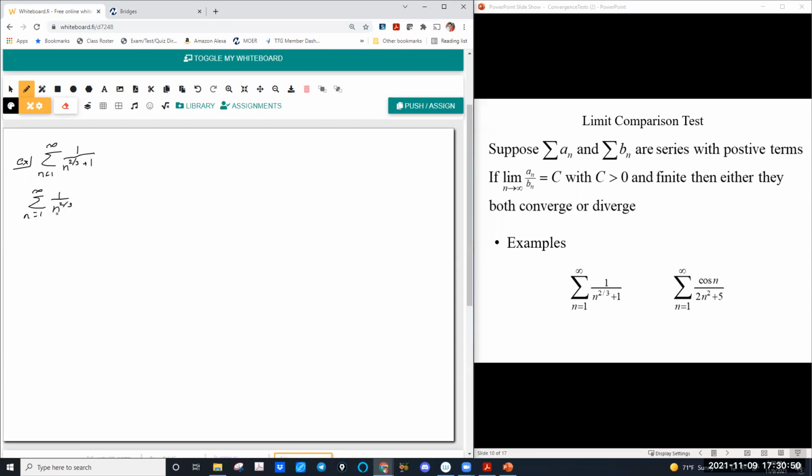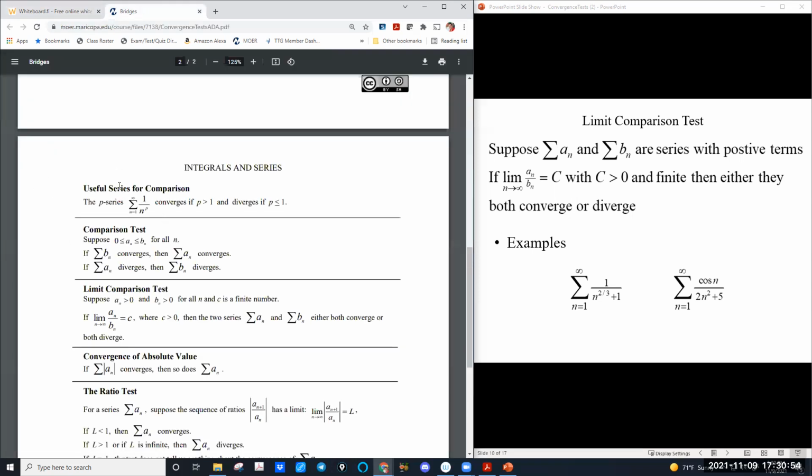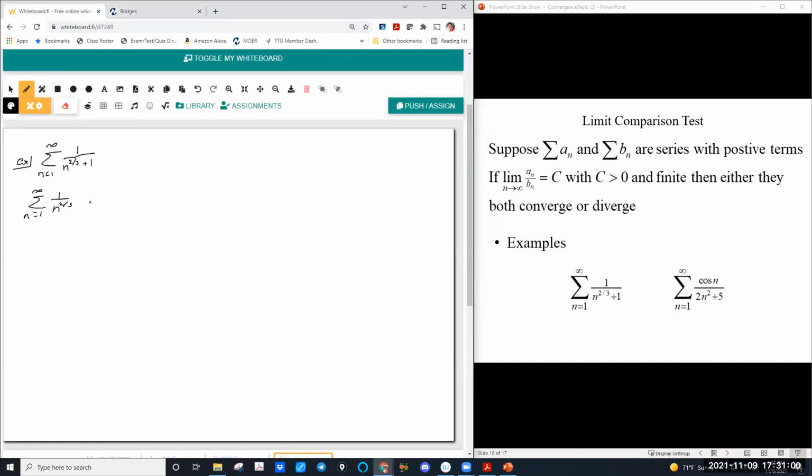The reason we like this is because this is a p-series, in fact a p-series where p is less than or equal to 1. So we know that this one diverges by p-series. This is the one we'll use in the comparison test.